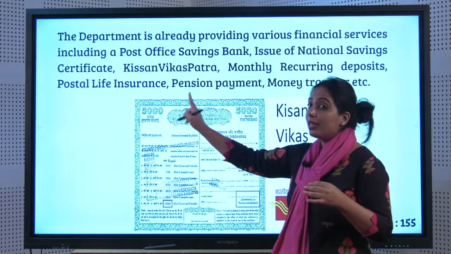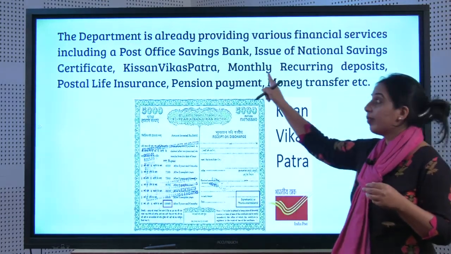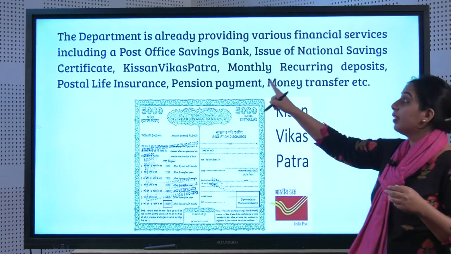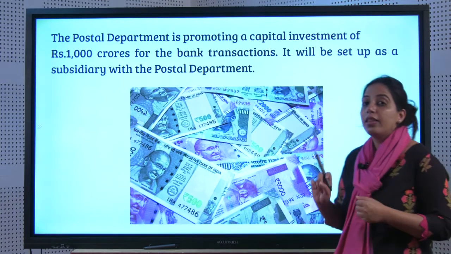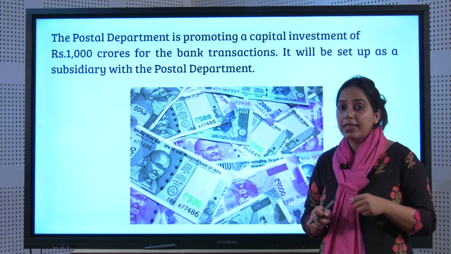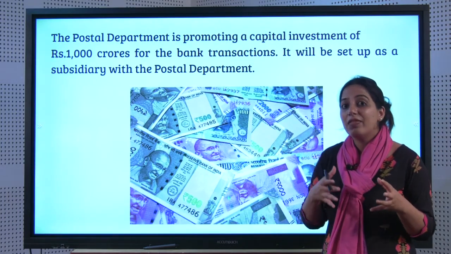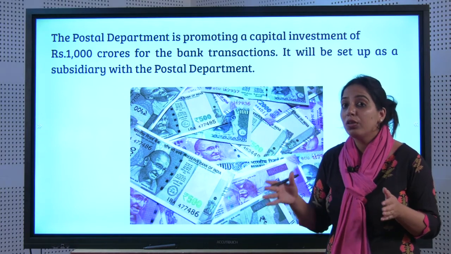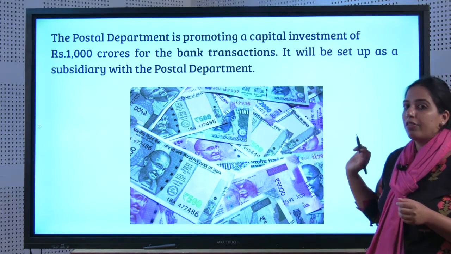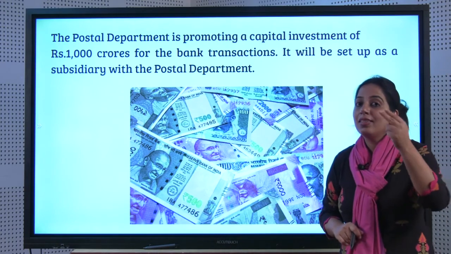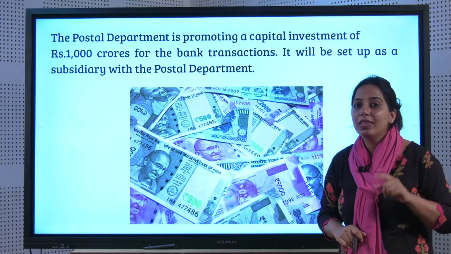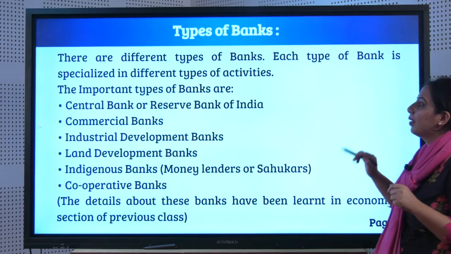You must know at least 4 of them from the list of services given by a post office. The Postal Department has set aside a capital or an investment of 1000 crores for bank transactions. It will be set up only as a subsidiary, as in a secondary service in the postal department.